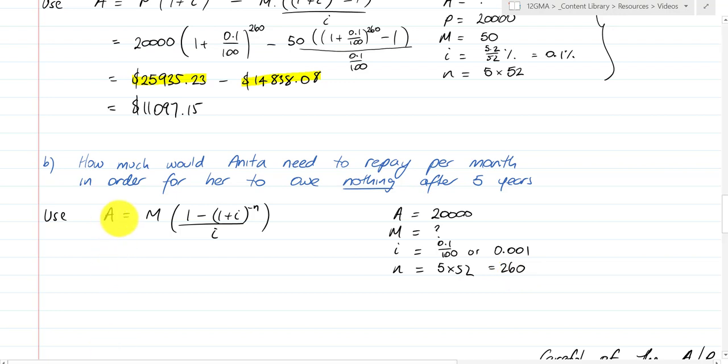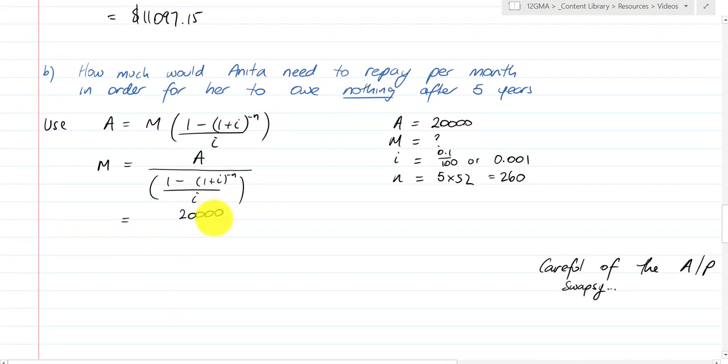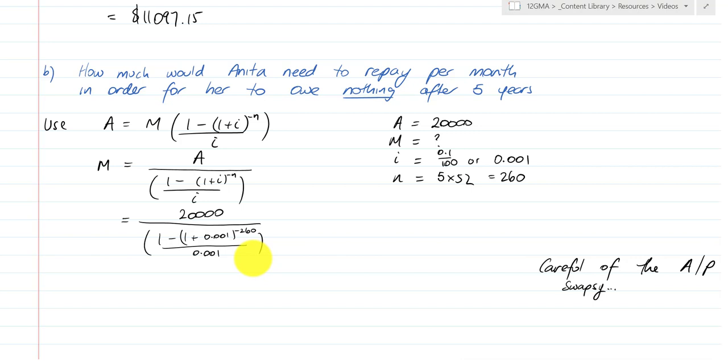But I'm going to do a rearrangement first. So it's going to end up being that M is equal to A divided by that thing in brackets, 1 minus 1 plus I to the power of negative n all over I. So I might just do that substitution, which is 20,000 divided by 1 minus 1 plus 0.001 to the power of negative 260 all over 0.001, and so we get 1 minus, I'm going to work out the denominator first, 1 plus 0.001 to the power of negative 260.